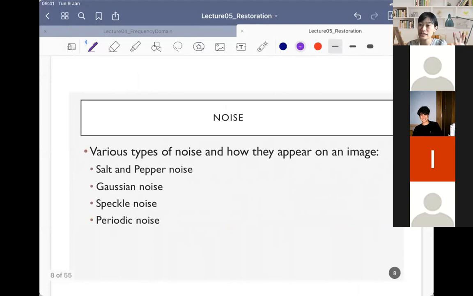So actually, the types of noise are various. There are a number of types of noise, but in here, I think I'll talk quite a lot about the salt and pepper noise, a very simple one, and Gaussian and the periodic noise, because we have learned about the frequency domain. So it might be useful to learn how you remove noise, especially the periodic noise.